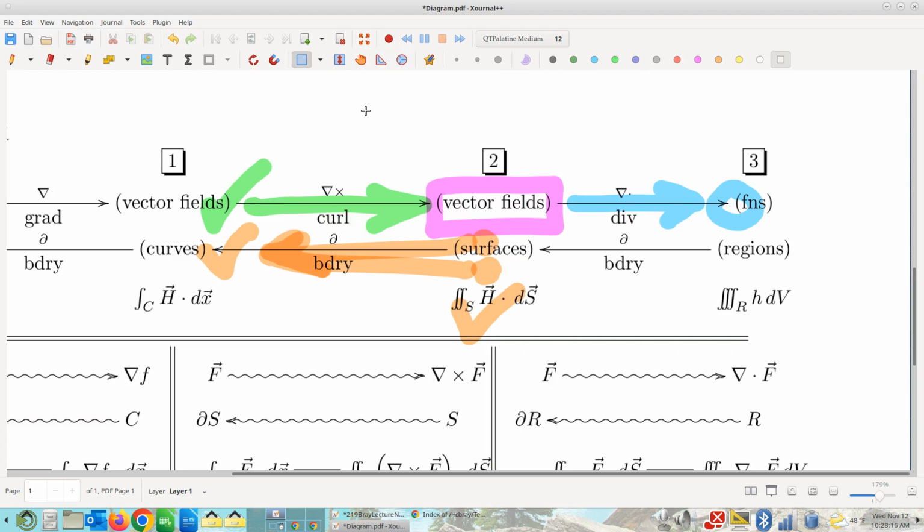We're not talking about curves and their shared boundary points. We're talking about surfaces and their shared boundary curves. Everything one dimension up. Right? And again, this operator on the left, that's not gradient, that's now curl. This is no longer curl, now it's divergence. Everything's different, but the pattern's the same.